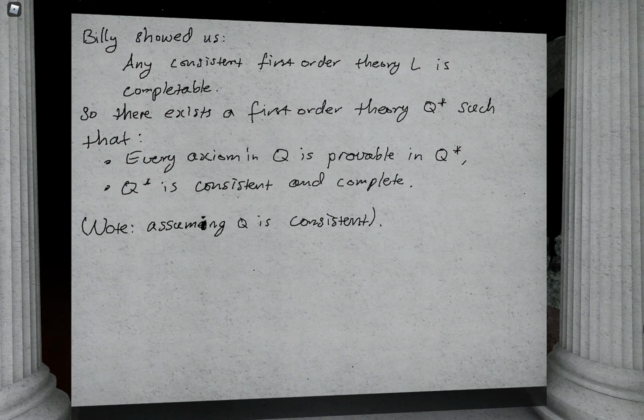This is not what Gödel's first incompleteness theorem says, and indeed it's not even true, right? So we have just shown that this first order theory Q exists, and it's capable of expressing arithmetic in enough of a way that Gödel's first incompleteness theorem applies, and yet there is a parent system, Q asterisk, which is consistent and complete and contains Q, right?